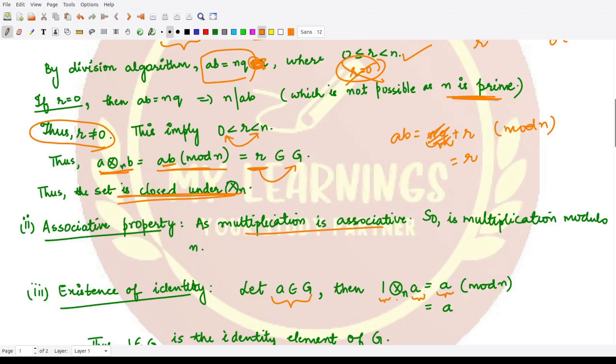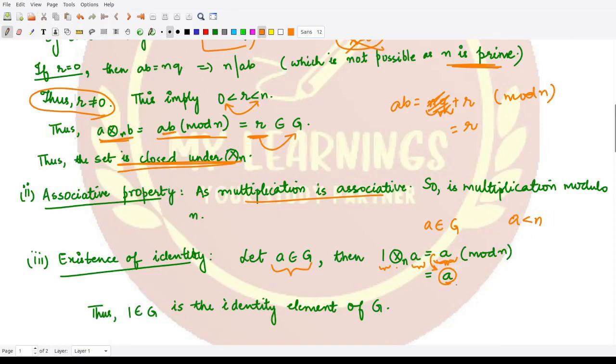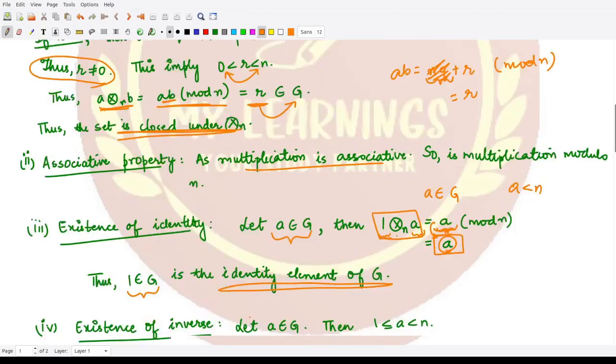Since a is taken from G, a is less than n, so when you take a mod n, it would just be a. Because on applying this operation we again get back the same element, 1, which is a member of G, is the identity element of G, and this is what we had to prove.